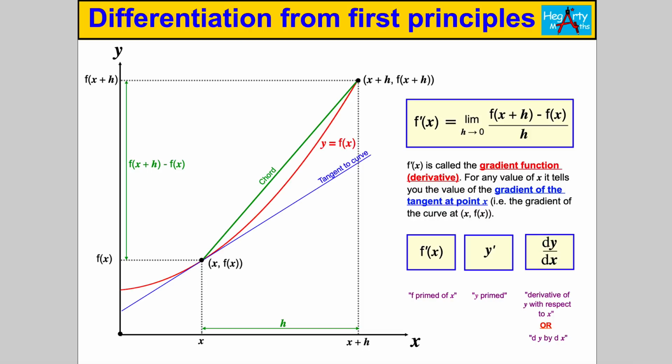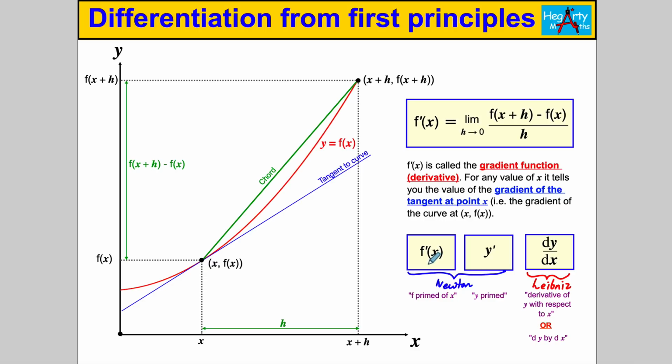Now, I know it's slightly annoying that there's different notation for this. Just to give you a tiny bit of background, these first two here were used by Newton when he was using differentiation techniques, and this one here was used by another mathematician called Leibniz. They both were doing differentiation at roughly the same time, and they both had slightly different notation for it, and those have persisted to the modern day.